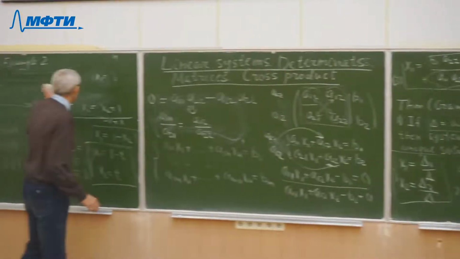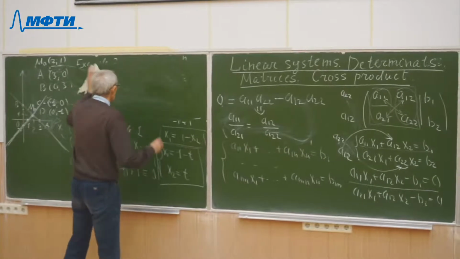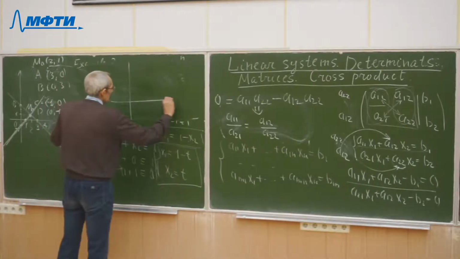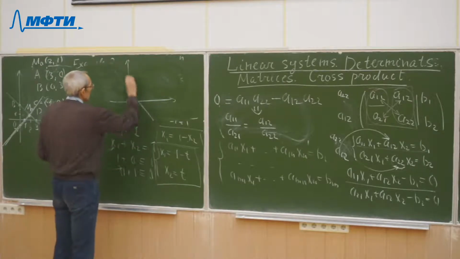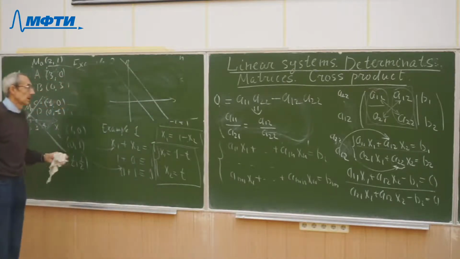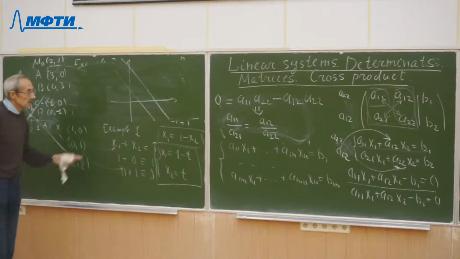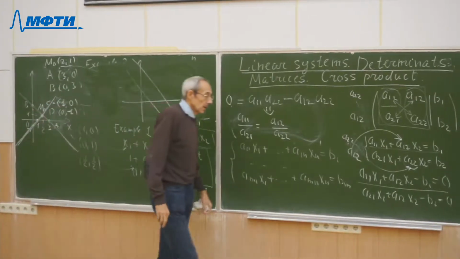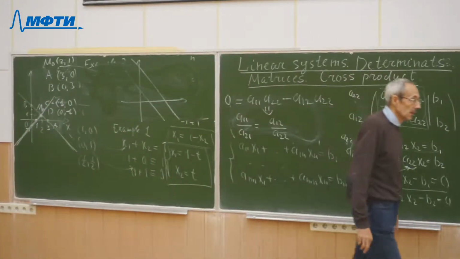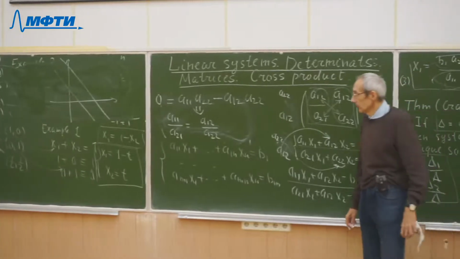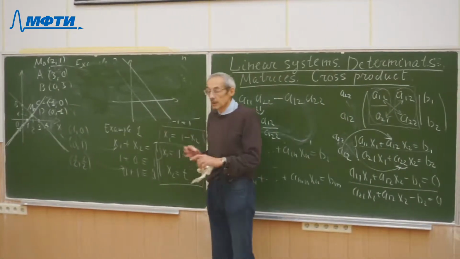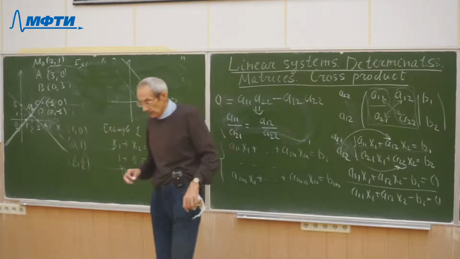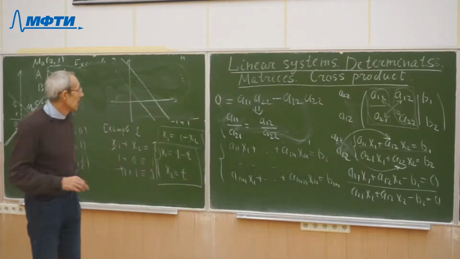And easy to see that if we have two parallel straight lines, these parallel lines haven't a point of intersection if these two parallel lines do not coincide.